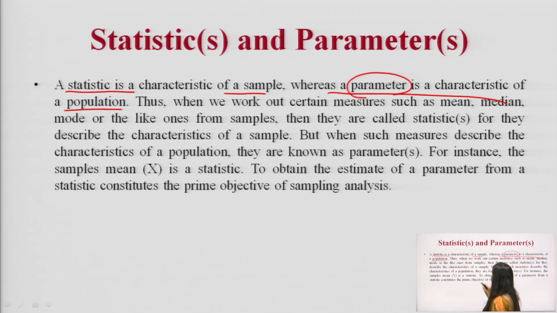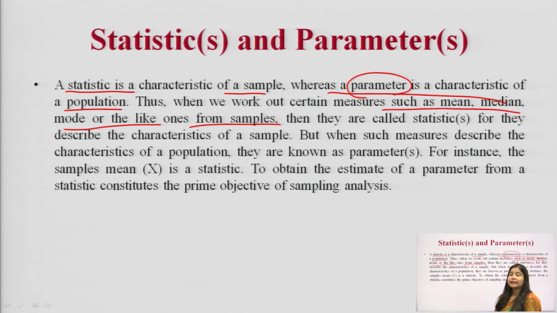Then we work out certain measures such as the mean, median, and mode of the sample. If you take the mean, median, and mode and find that the customers are happy, that is an example of a statistic, because it shows the characteristics of your sample.